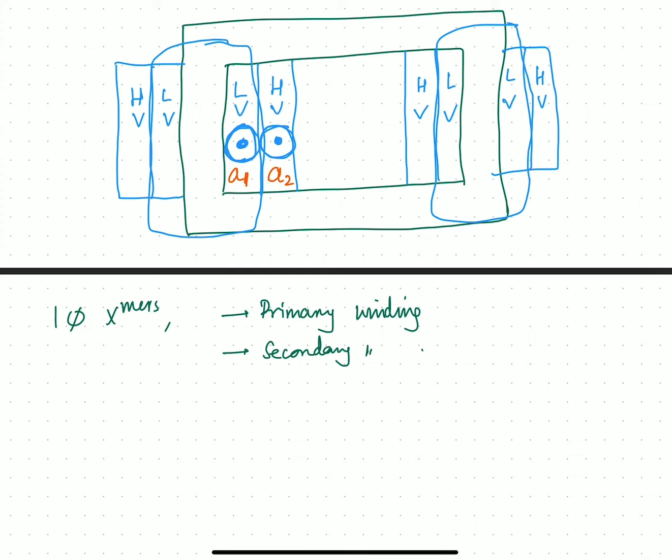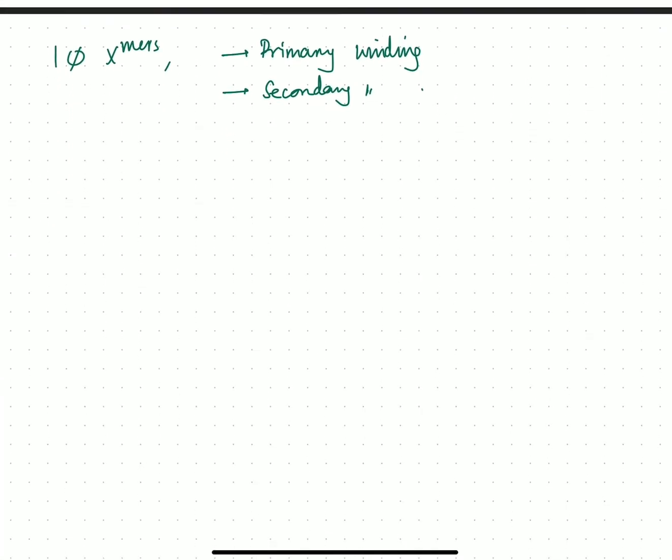Similarly, you have half of the HV winding on one limb and half on the other limb, right?